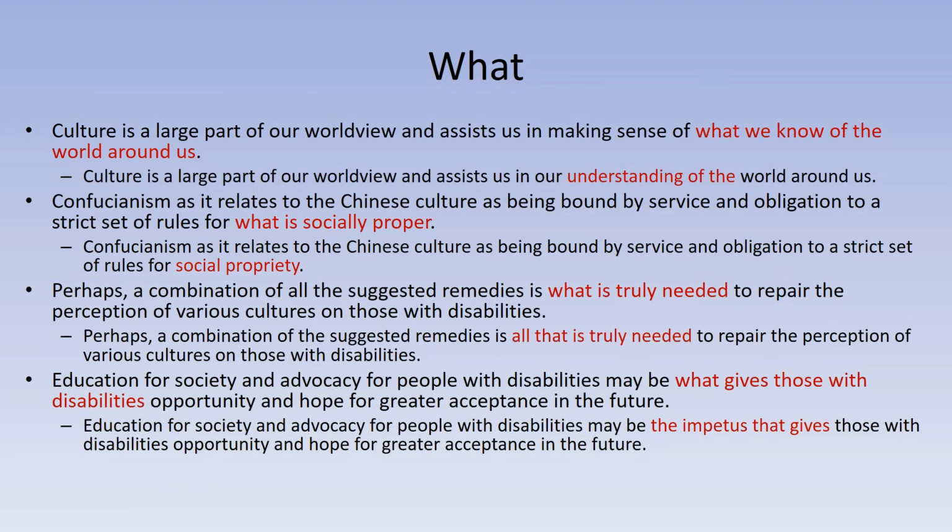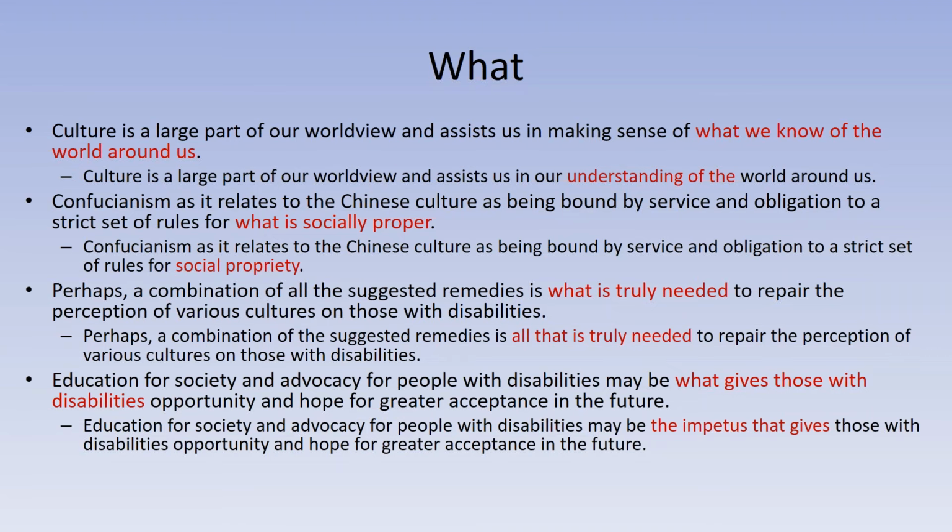Perhaps a combination of all the suggested remedies is what is truly needed to repair the perception of various cultures on those with disabilities. And we could rearrange this sentence to say, perhaps a combination of the suggested remedies is all that is truly needed to repair the perception of various cultures on those with disabilities.